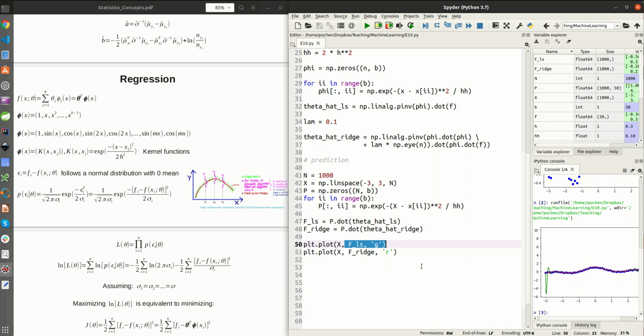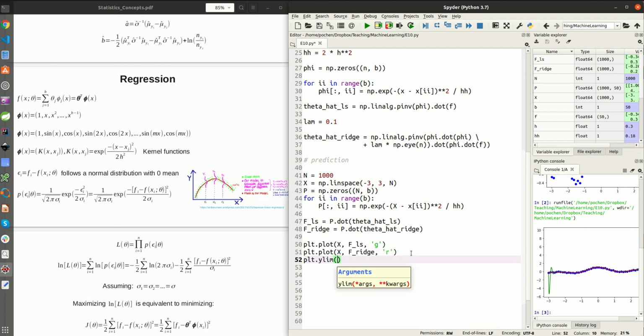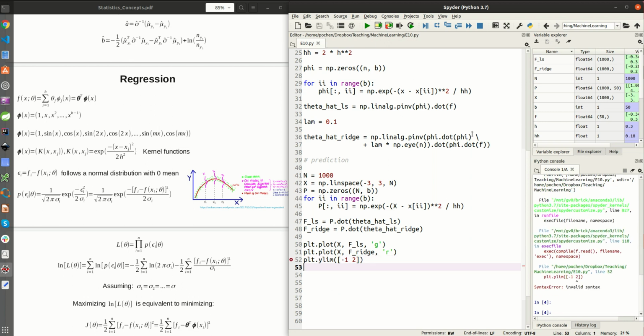But this kind of overshoot doesn't exist for the predictions made using the ridge regression, right? And if we actually blow up the figure, so let me set plt.ylim to go from say -1 to 2, right? Let me try this ylim and see if it's gonna work.